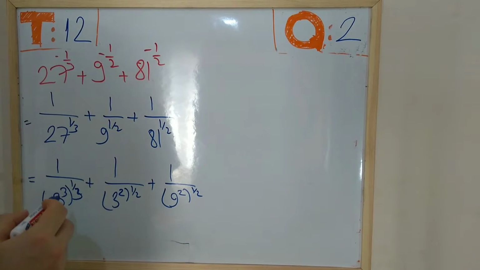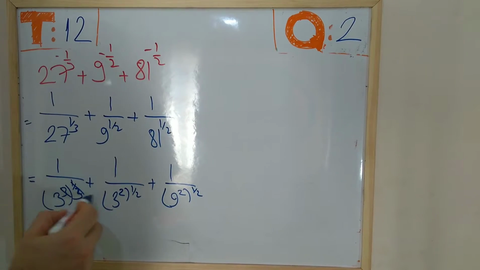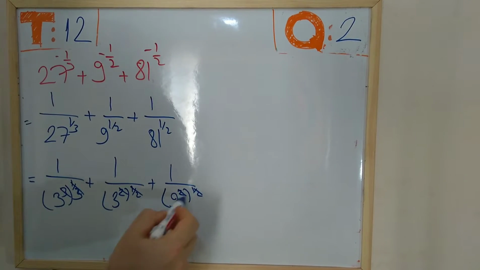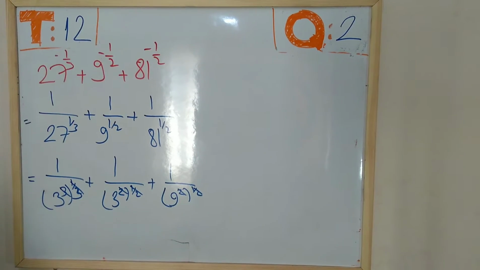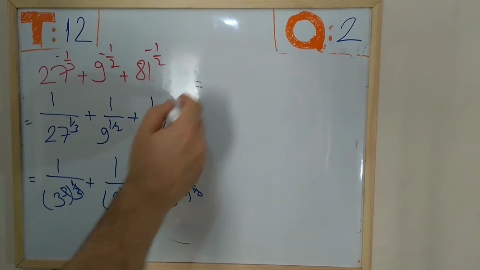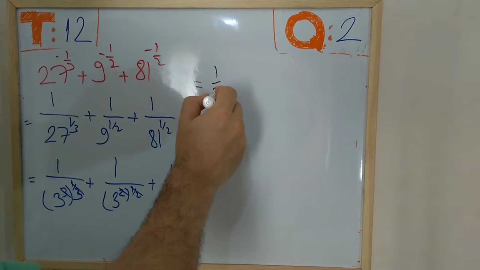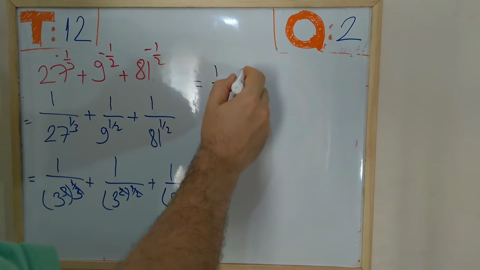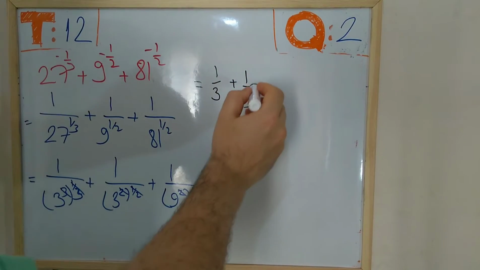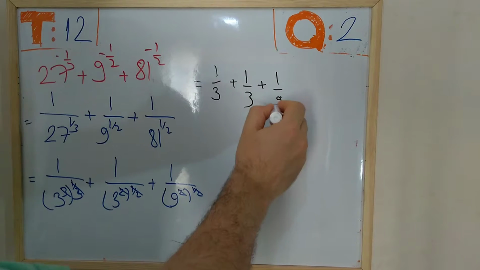And because of the multiplications here, we can cancel these powers out, and we will end up with 1 over 3 here, plus another 1 over 3 coming from here, and 1 over 9.